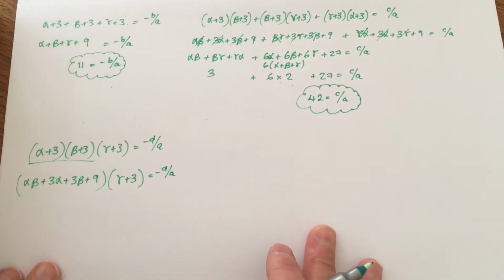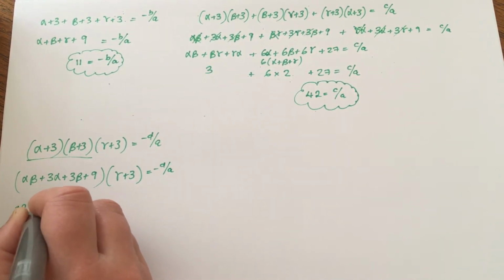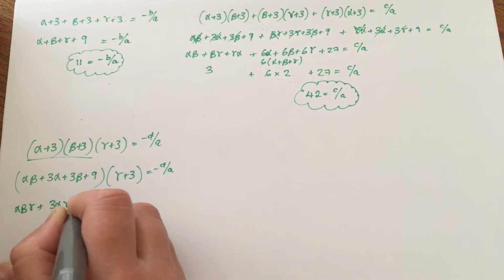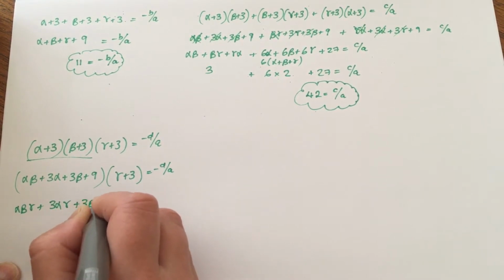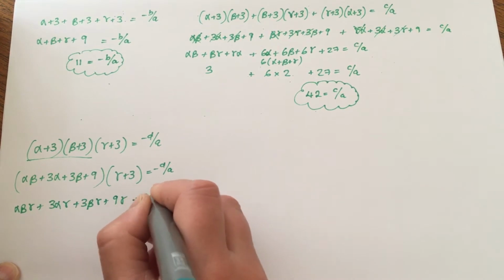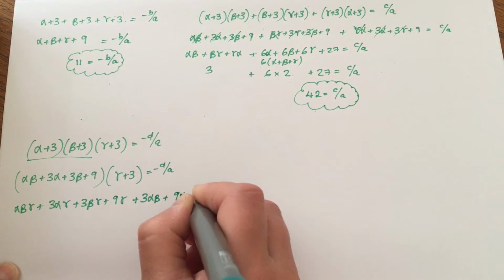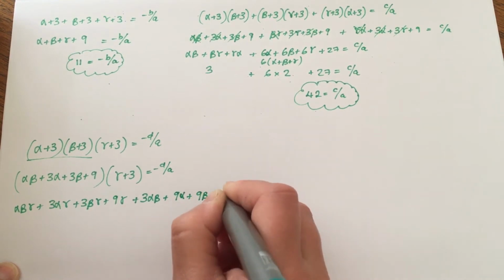If I multiply all of these by gamma then, I've got alpha beta gamma plus 3 alpha gamma plus 3 beta gamma plus 9 gamma, times it by 3, plus 3 alpha beta plus 9 alpha plus 9 beta plus 27.